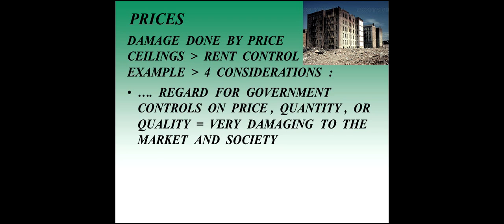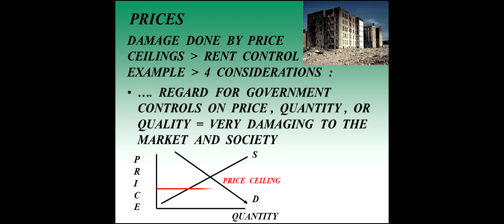We can also illustrate this using our supply and demand graph and actually show the social costs that are associated with this black market and show that it's damaging to a society. Here we have our supply and demand graph with our price ceiling illustrated.